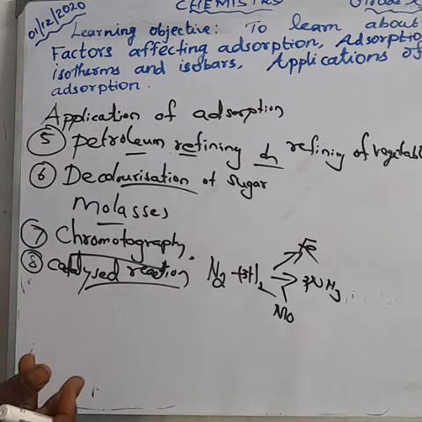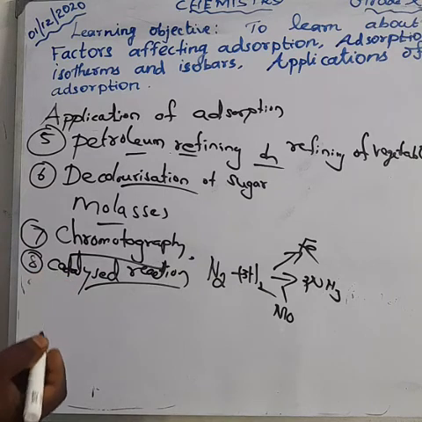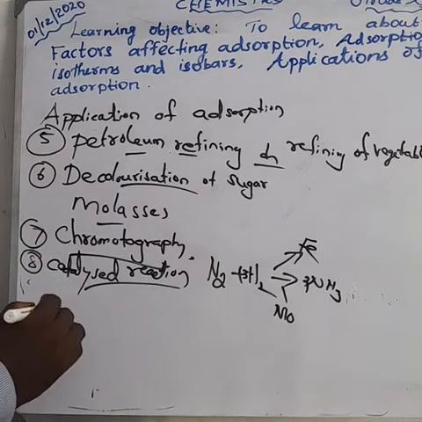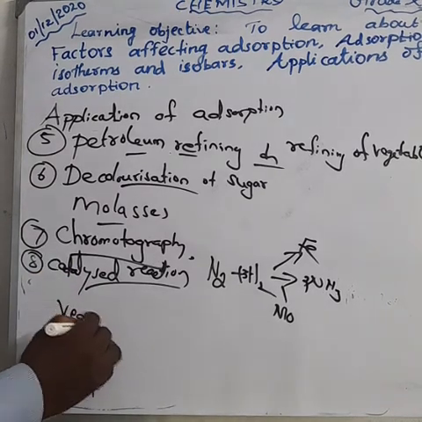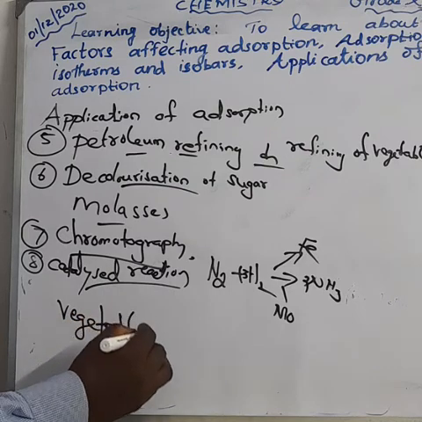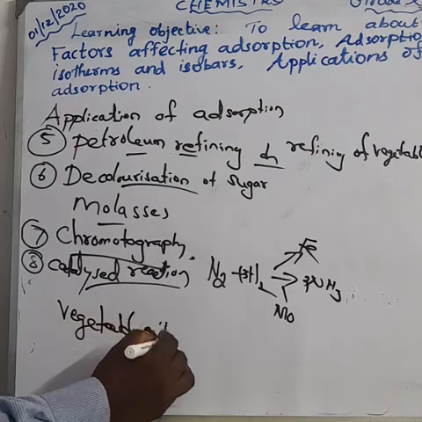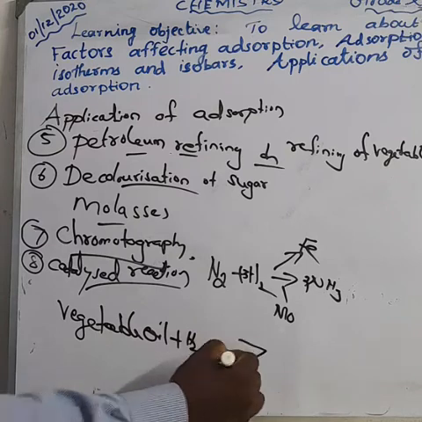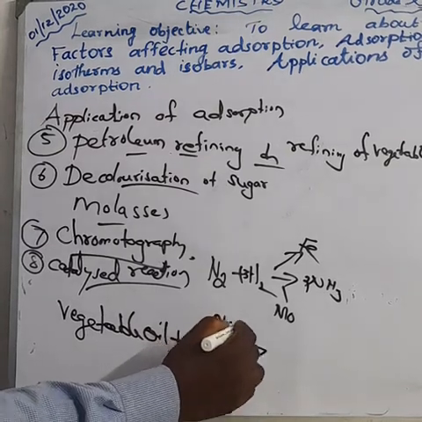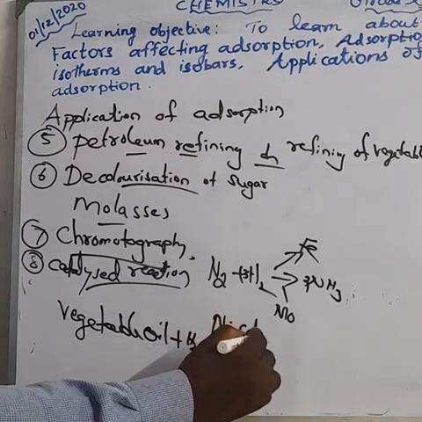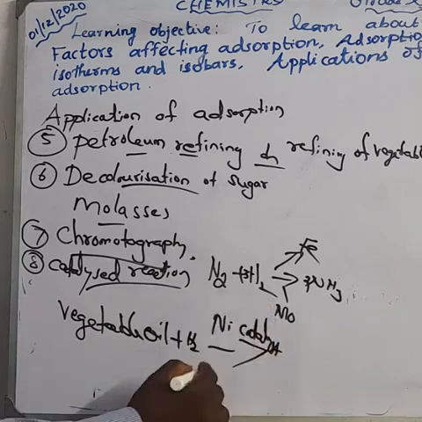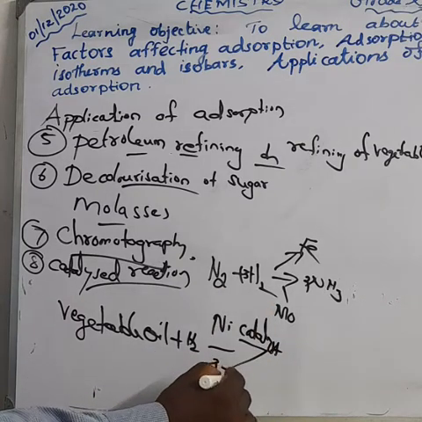Another one is about vegetable oil. Vegetable oil reacts with hydrogen in the presence of nickel catalyst. The temperature, don't forget, is 473 Kelvin.